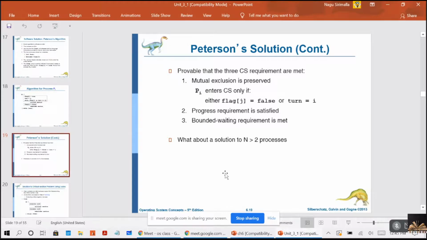So how it is achieving the mutual exclusion is, each Pi enters the critical section only if either flag of j is equal to false or turn is equal to i, right?